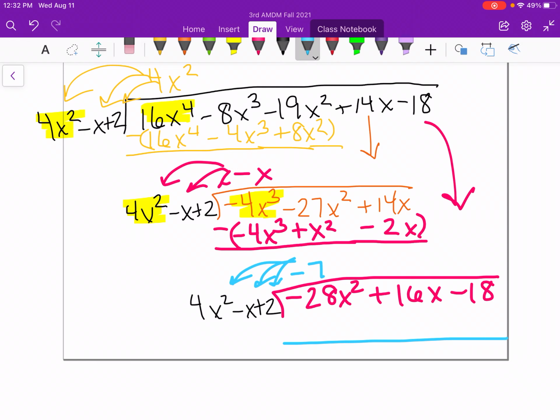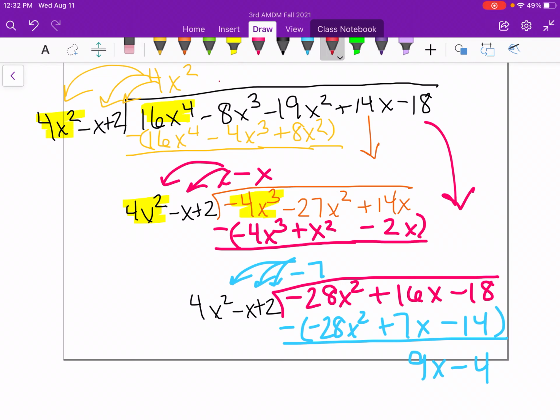When I do that, I get negative 7 times 4x squared is negative 28x squared. Negative 7 times negative x is plus 7x. Negative 7 times 2 is negative 14. And when I subtract these, I get 9x minus 4. And that is my remainder.